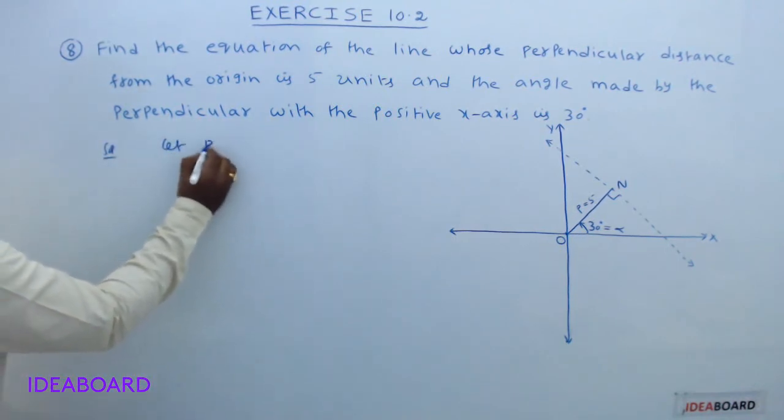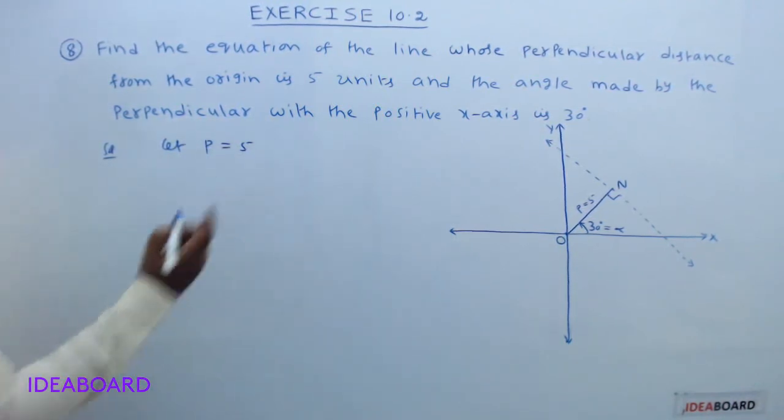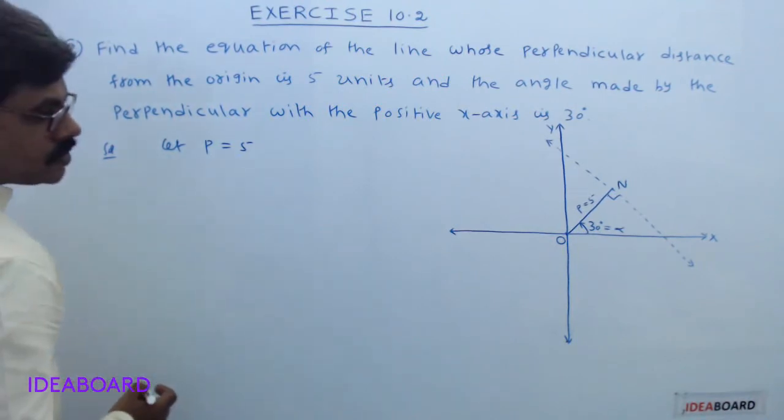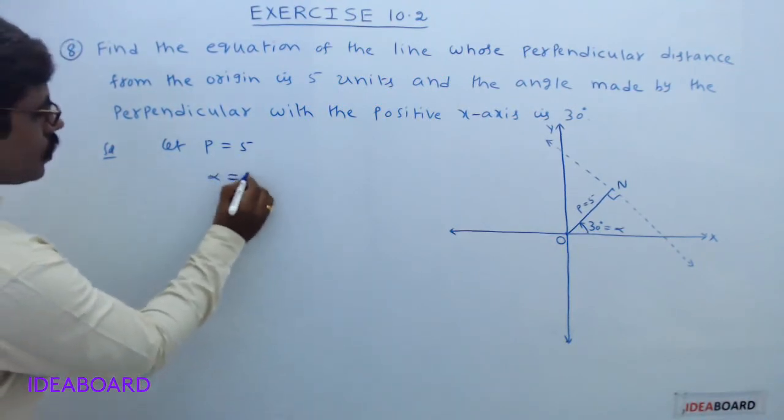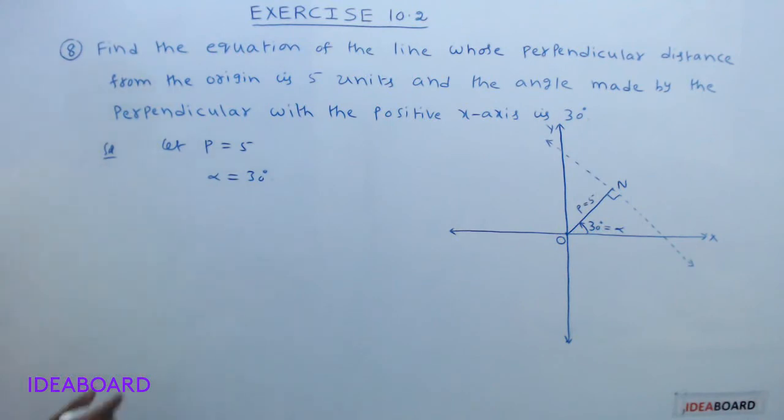So let P equal 5. The inclination of the perpendicular is alpha, so alpha equals 30 degrees.